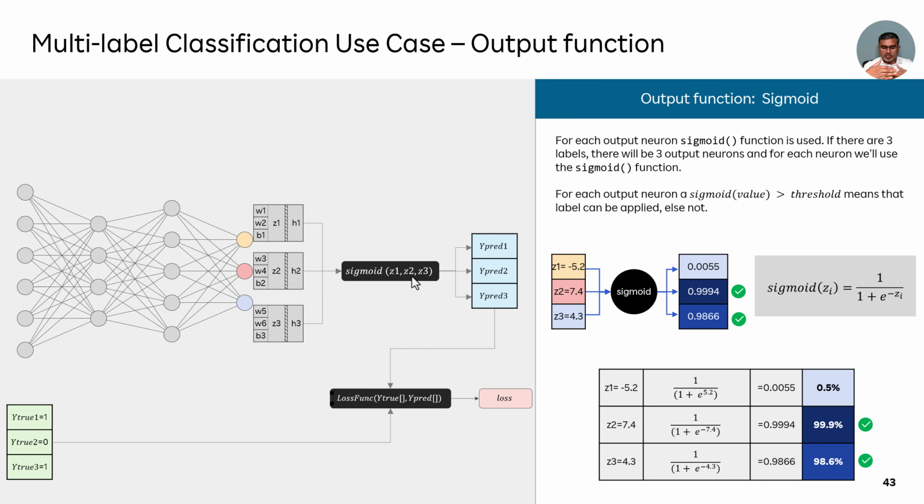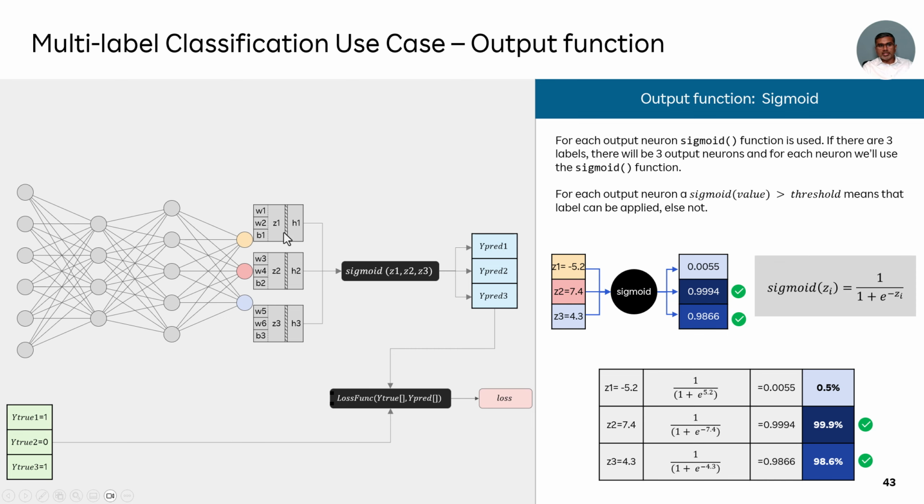And as long as I can put a threshold and say a value greater than, let's say, 0.75 or whatever is 1, and anything less than that is 0, it actually serves my purpose of lighting up a neuron or not lighting it up. So I take these three output neurons, individually pass each one to its own sigmoid function, and I basically come up with a vector which will have a 1 or 0.